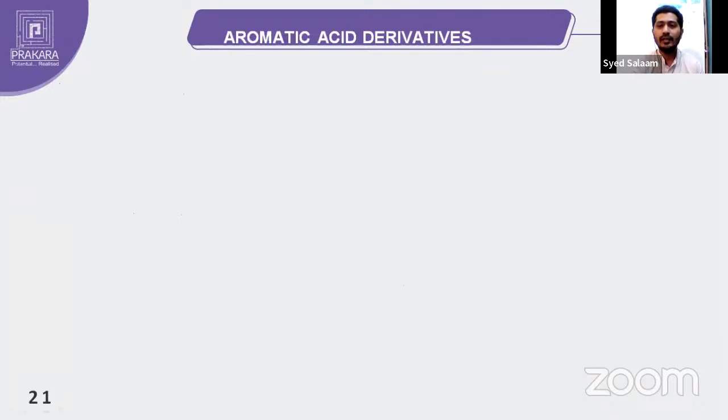Coming to the reactions of aromatic acids, or the various important aromatic derivatives which we will be having. That includes benzoyl chloride, derived from benzoic acid. When benzoic acid has chloride onto it, we call it benzoyl chloride.